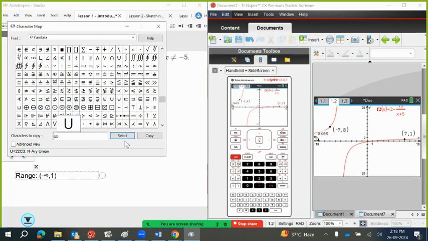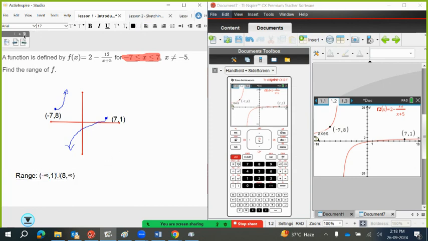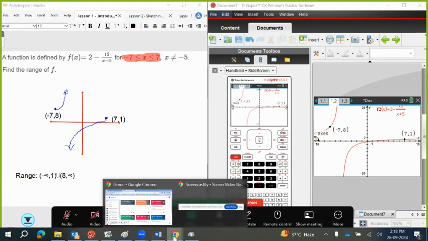Ooh, here it is. And that's going to go from, at the other side, 8 up to infinity. Okay? And this is how we find the range, thank you.